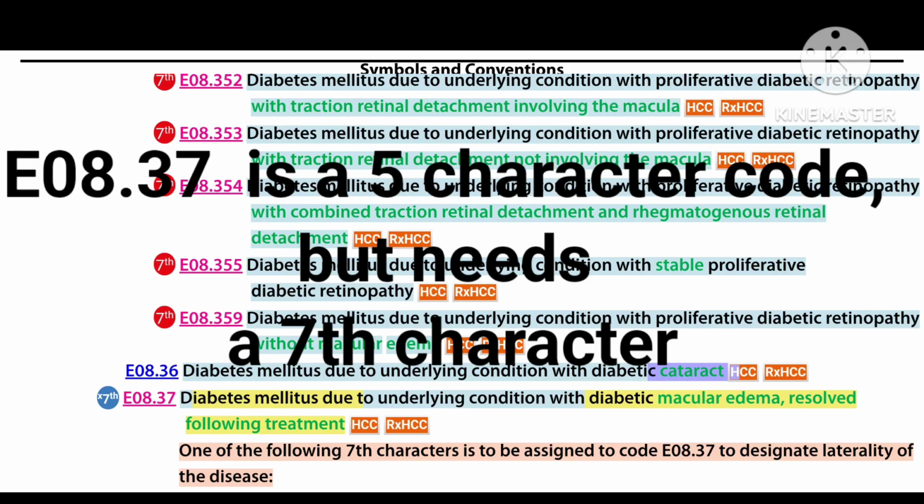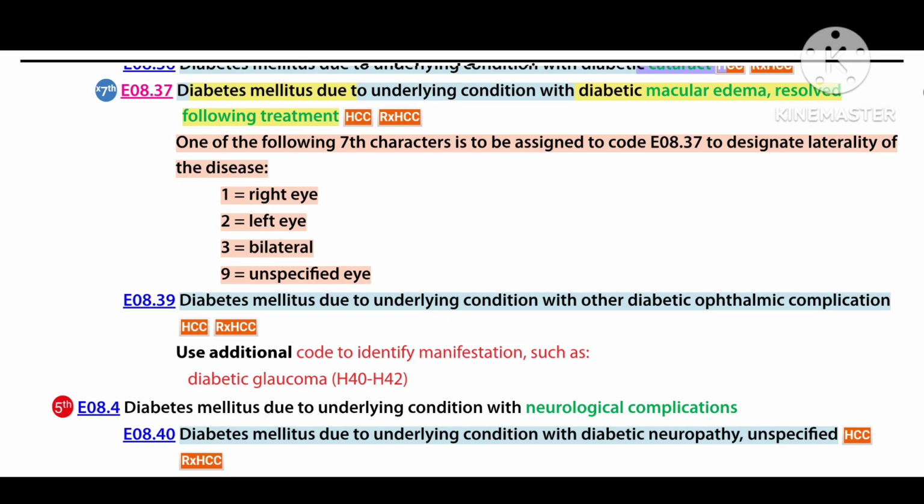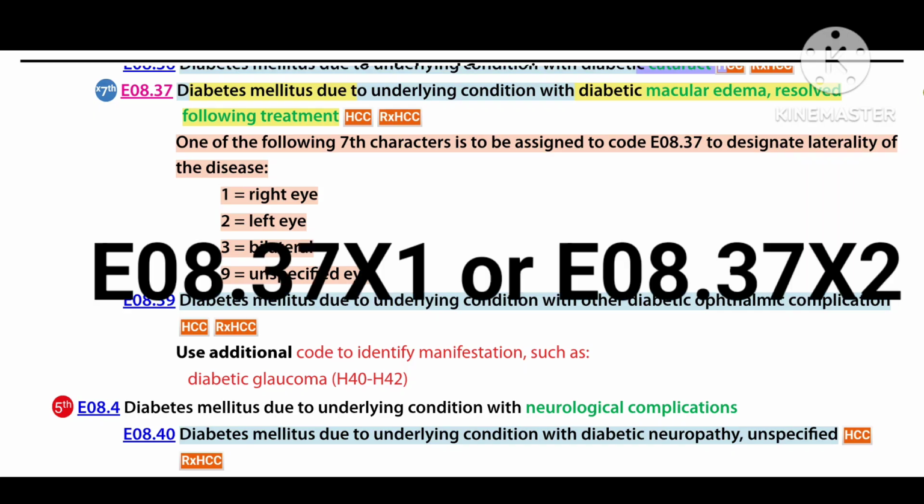Here you can see the code E08.37 that has only 5 characters, but before that there is a circle and it states that a 7th character is needed. You can see that the circle is in blue color. So remember that you have to add a placeholder before the 7th character. Now how are we going to report this code with the 7th character?